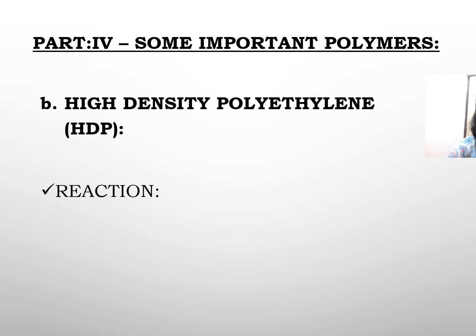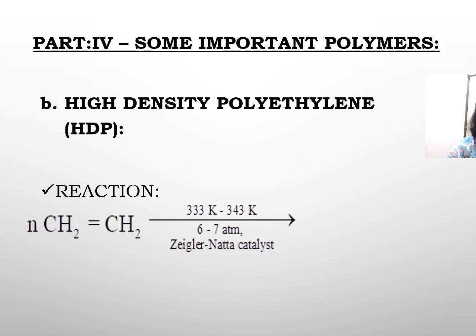Now high density polythene: the reaction is n molecules of ethylene reacting to form the polythene, that is HDP. In HDP, the temperature used is 333 Kelvin to 343 Kelvin and the pressure is 6 to 7 atmospheres. In LDP, the pressure was 1000 atmospheres, while here the pressure is 6 to 7 atmospheres.